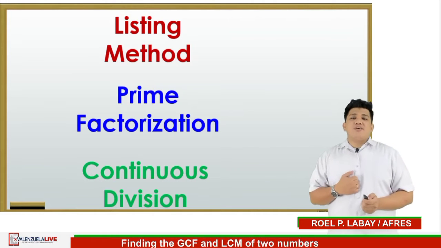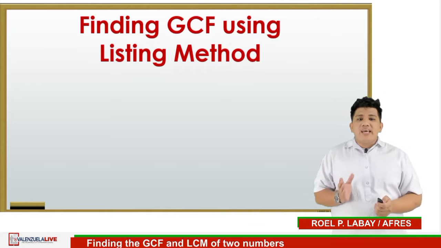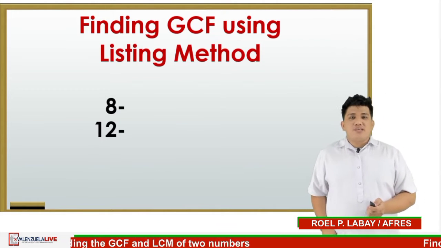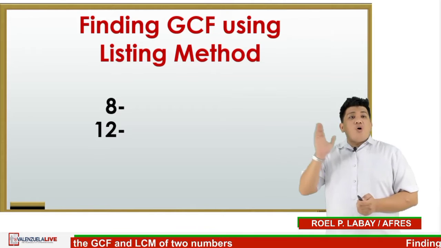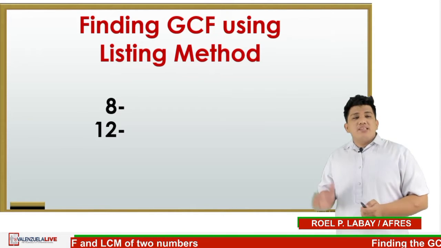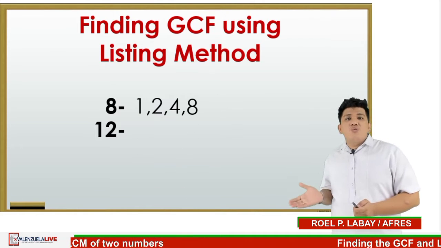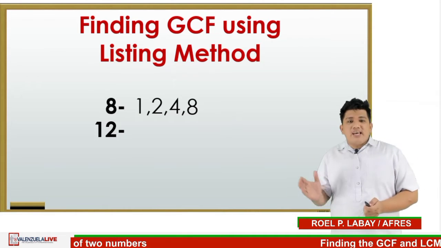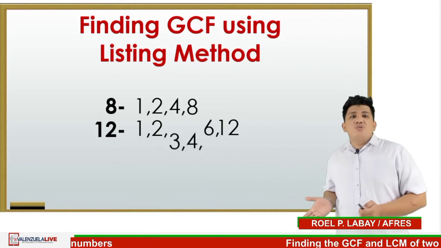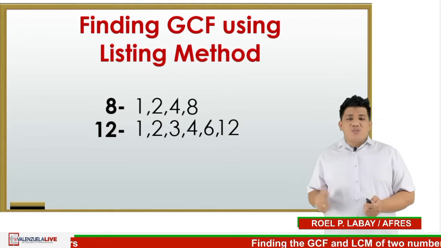For example, let's find the GCF of 8 and 12 by using the listing method. We will list down all the factors of 8 and 12. The factors of 8 are 1, 2, 4, 8. And the factors of 12 are 1, 2, 3, 4, 6, and 12.